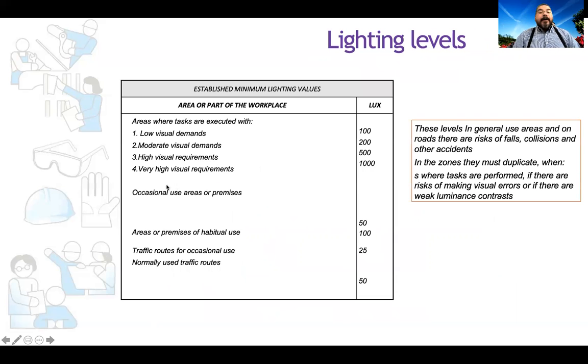Here are some lighting levels according to the activities. If there are low visual demands, you have some 100 luxes. If you need moderate visual demands, 200. If there are very high visual requirements, you must go up to 1,000.